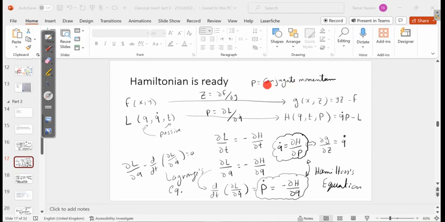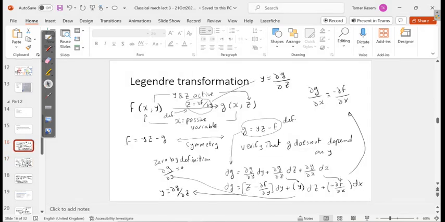If you compare the relations with the last slide, you can simply observe that partial L by partial T is equal to negative partial H by partial T. Why? Because Q and T are passive. If you return to the last slide, you can recall that partial G by partial X is equal to negative partial F by partial X, or the partial derivative with respect to the passive variables is equal for both the function and its transformation, however with a negative sign.